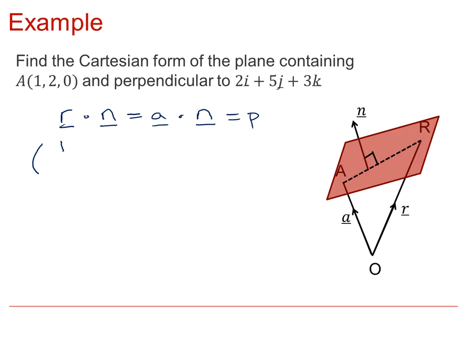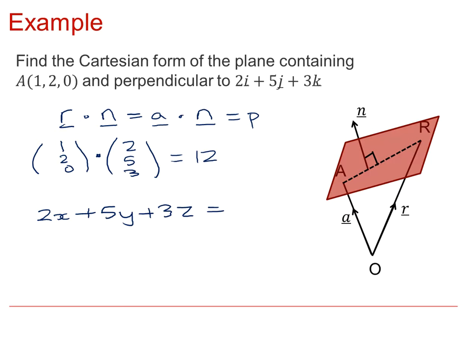We've seen before that a with the normal (2, 5, 3) will give us the p value of 12. So we can write that 2x plus 5y plus 3z equals 12 as the Cartesian form, or alternatively we may be asked to write it in this form.